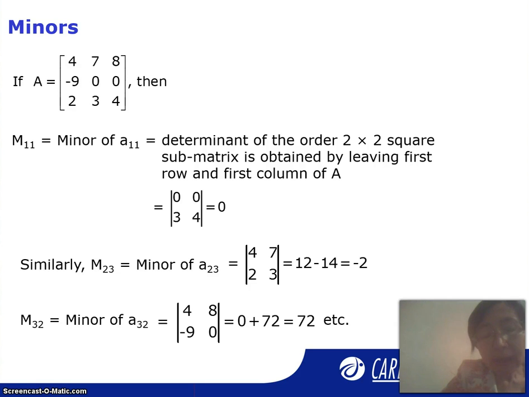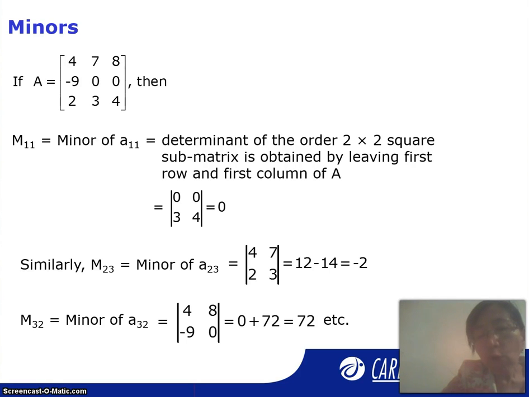Next, let's calculate the minor of element A32. In order to calculate this minor, we have to leave out the third row and second column. So we obtain the second order determinant 4, 8, minus 9, 0. So let's evaluate this determinant.